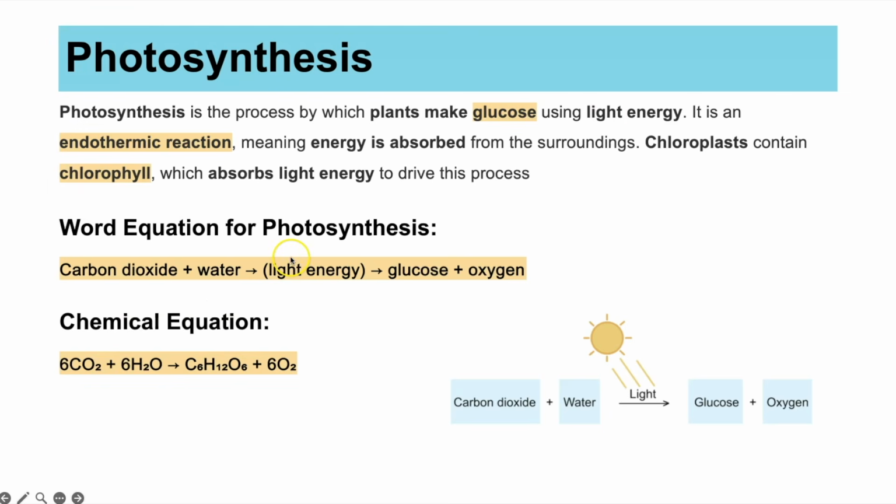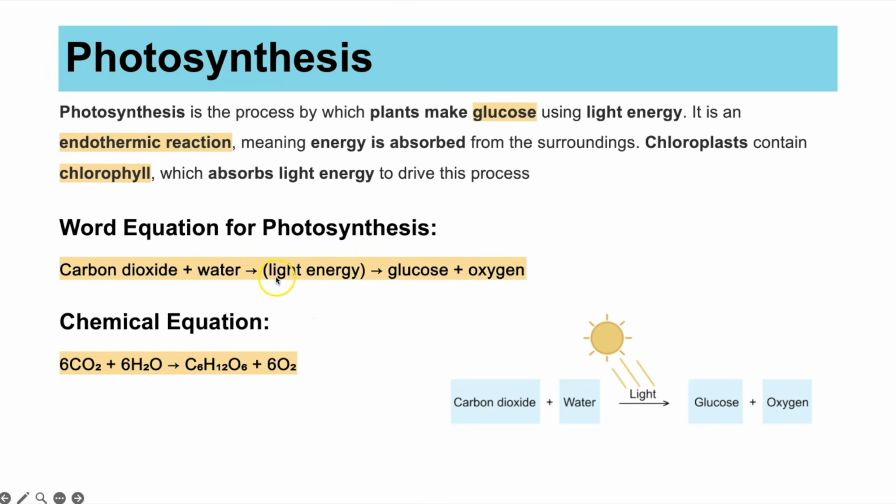That light energy is then used in this reaction, and you do need to know both the word equation and also the chemical equation. So these would be good to turn into flashcards. You could have one flashcard showing the word equation and another showing the chemical equation.